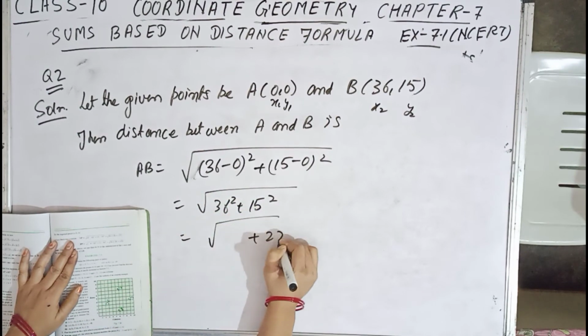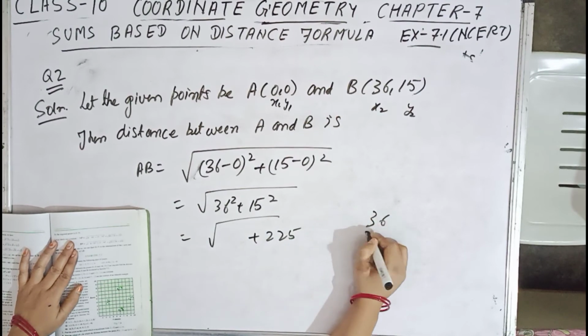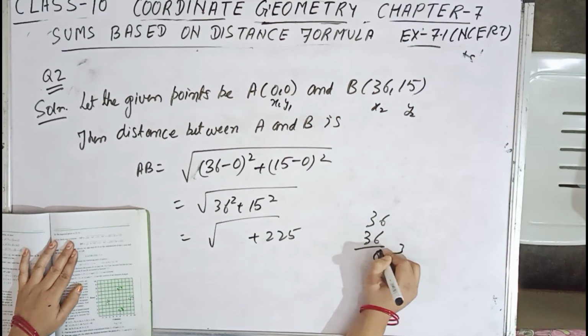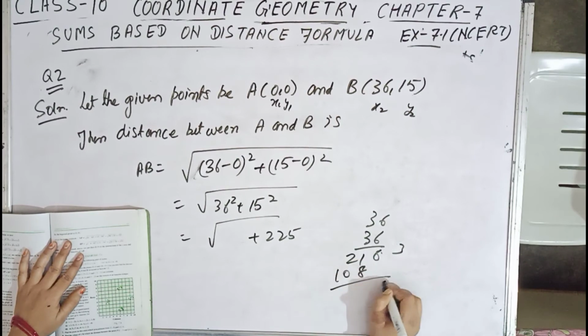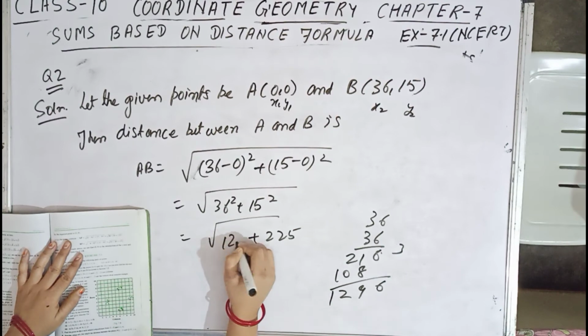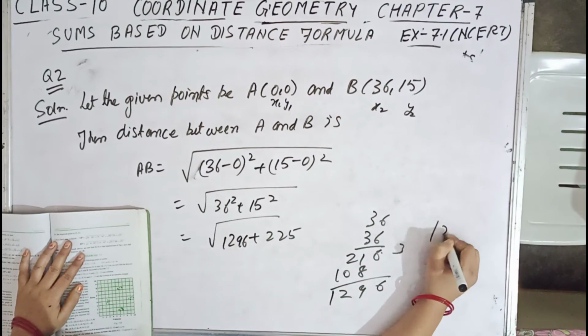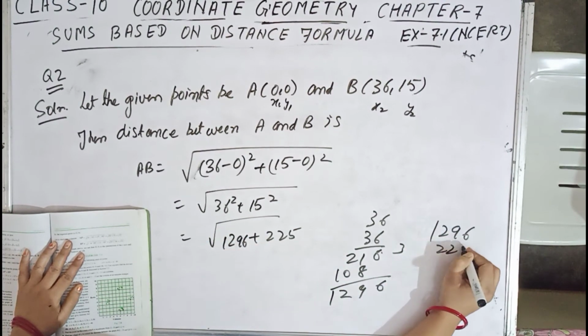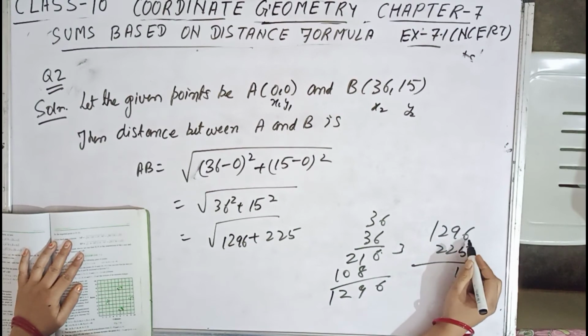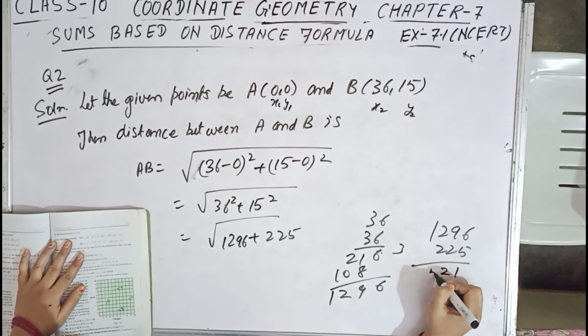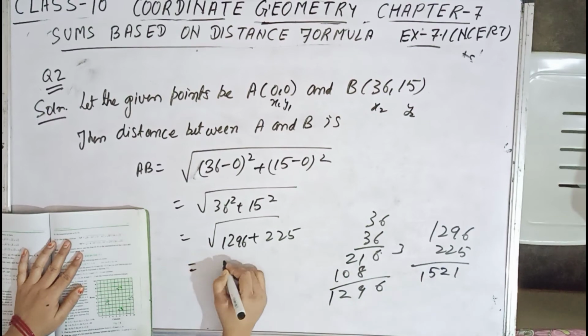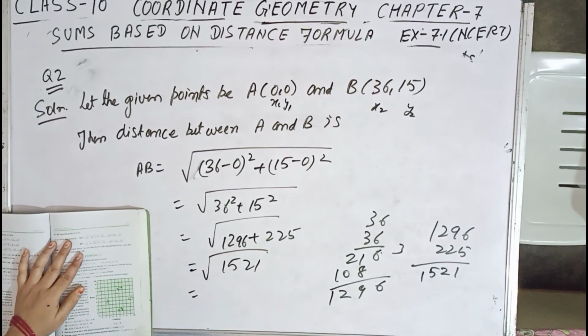Now 15 square is 225 and 36 square is 1296, and 1296 plus 225 will be how much, children? 1521.